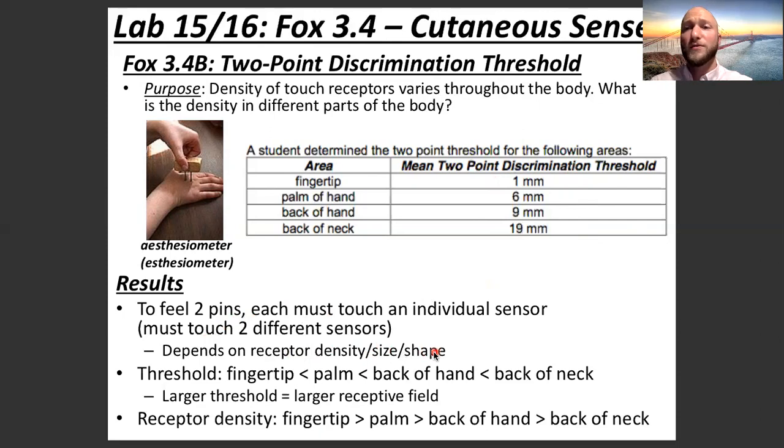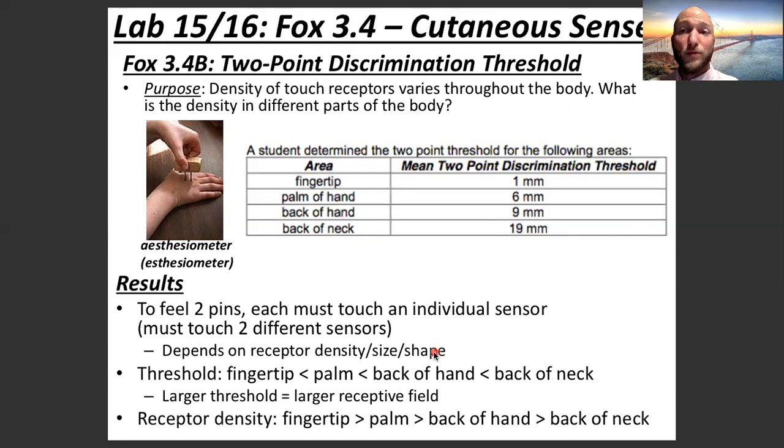So I've got a question for you. Receptor density, how many receptors there are per square centimeter? The higher that number, the more receptors there are, the finer your ability to feel things. Is it important to have a really fine sense on your fingertips?